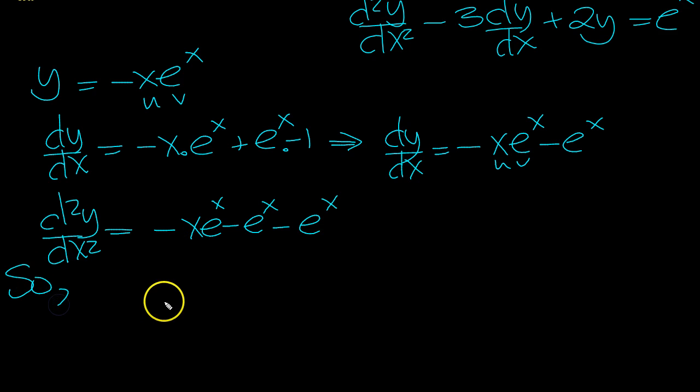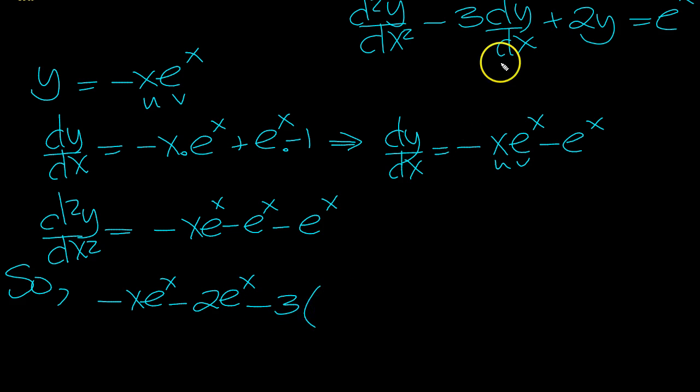So substitution then. We've got one of these. So minus x e to the x minus 2 lots of e to the x, minus 3 lots of dy/dx, which is minus x e to the x minus e to the x, plus 2y, 2 lots of minus x e to the x, so that's going to be minus 2 lots of that then.